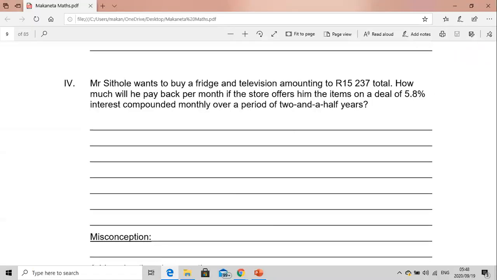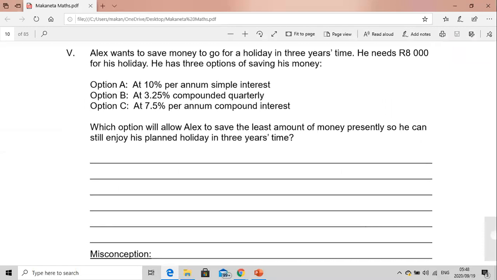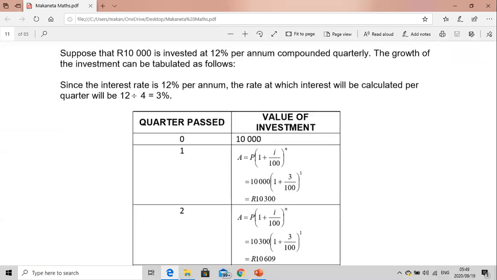And I'm not going to waste more time, but just to look at the formula that we spoke about, we are going to use it a lot. This time, I want us to look at the compound interest where there's an investment.